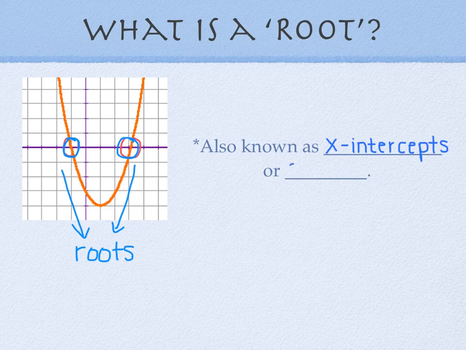They're also called zeros, and you'll see in a minute why they're called zeros. I don't know why we have to have so many different names for the same thing, but if I ask you to find me the roots, or find me the x-intercepts, or find me the zeros, or find me the solutions, I'm going to throw that one in there too. We talked about solutions yesterday. Solutions are more if I just give you an equation and not a graph. But all of these things are found the same way. The roots, the x-intercepts, zeros, solutions, that's all talking about these points here.